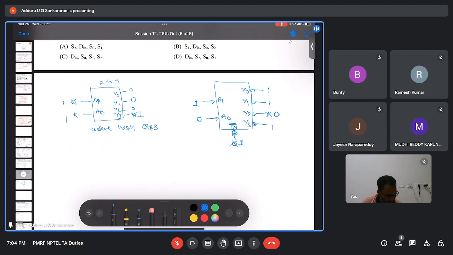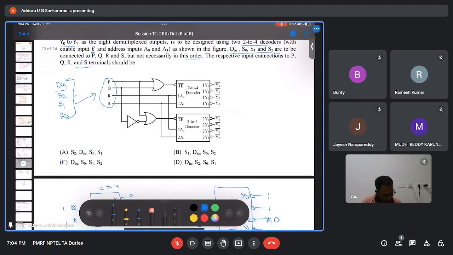Whenever the enable bar is 0, the decoder is active. For 1, the decoder is inactive, not enabled. It is enabled only for 0.